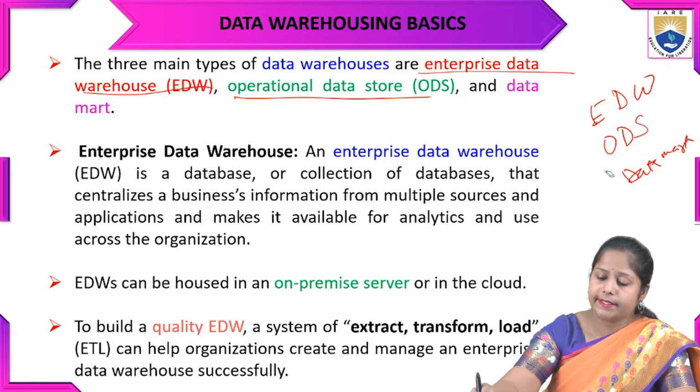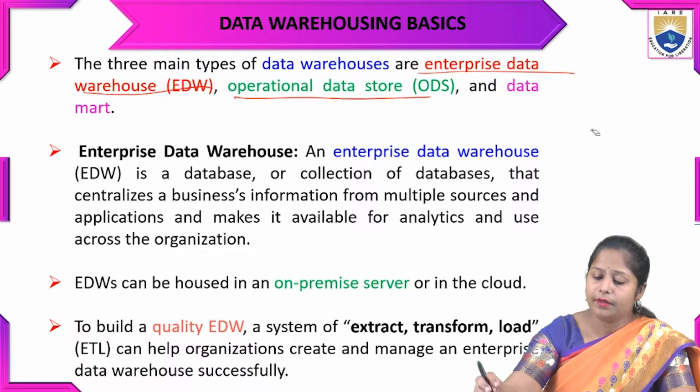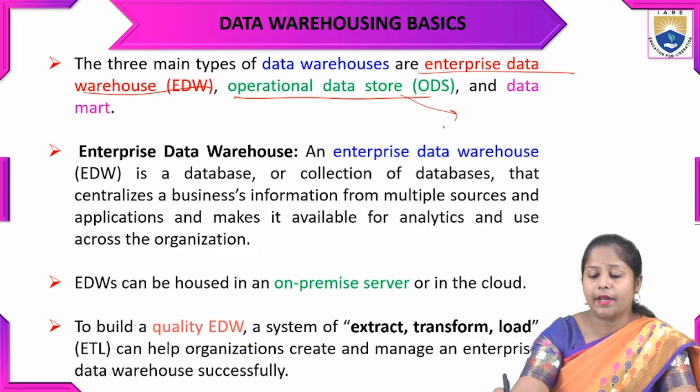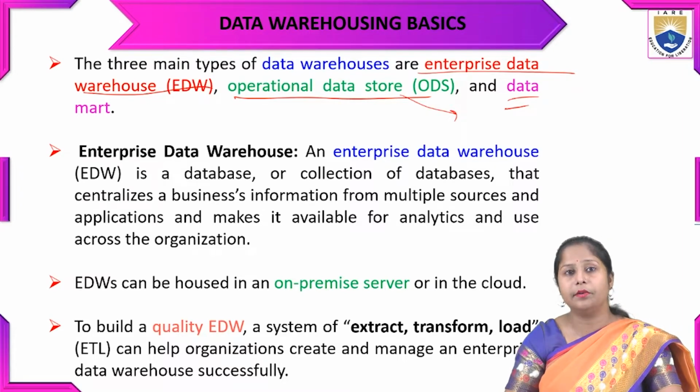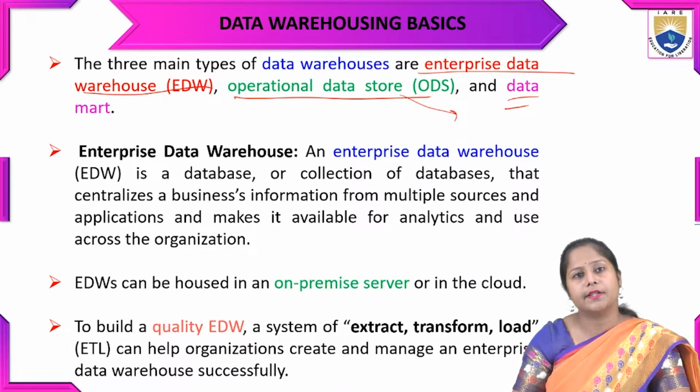Now, what is an enterprise data warehouse? For the operational data store, we have seen the basic terminology. Data marts, we know, are a small form of data warehouse. So what is an enterprise data warehouse actually?